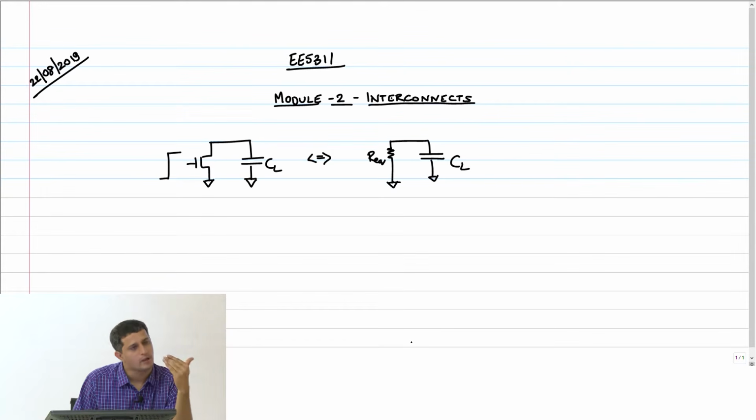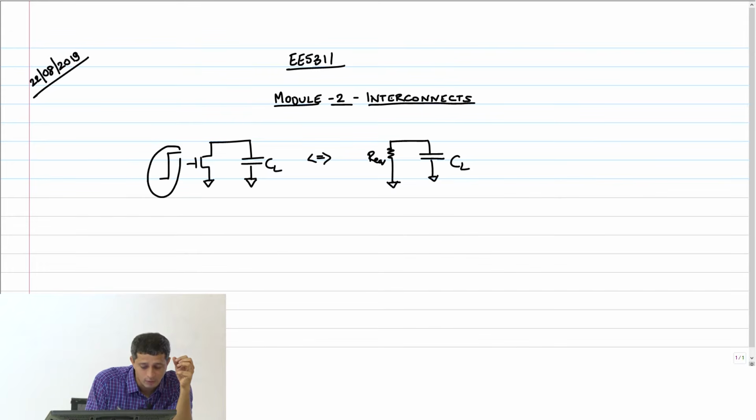So, you agree that when I moved from the transistor model to the R equivalent model, I captured the resistance, but what I have not captured is really this effect. Where is that source? Where do I put it?